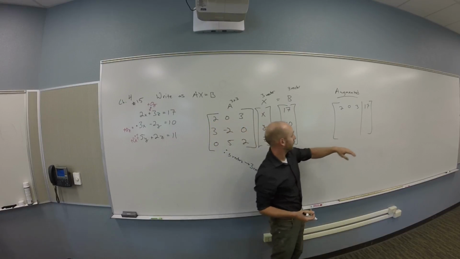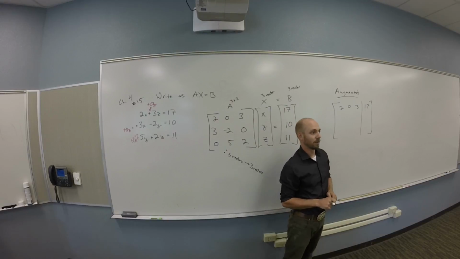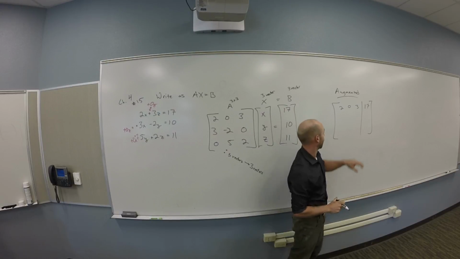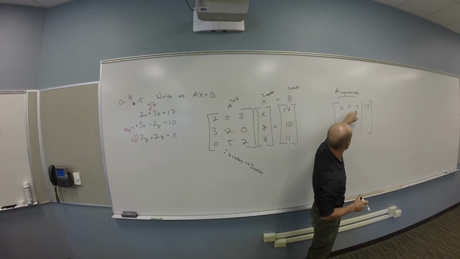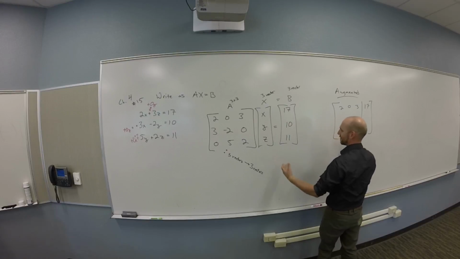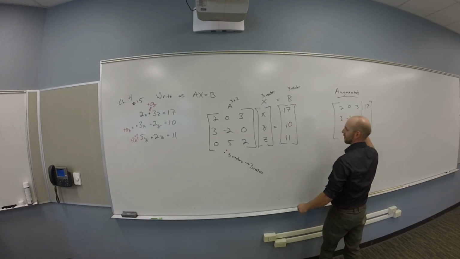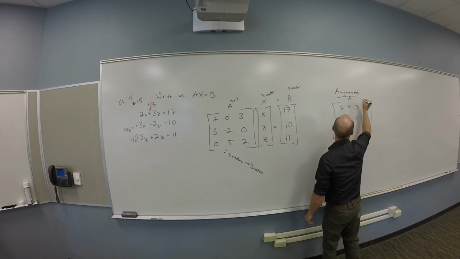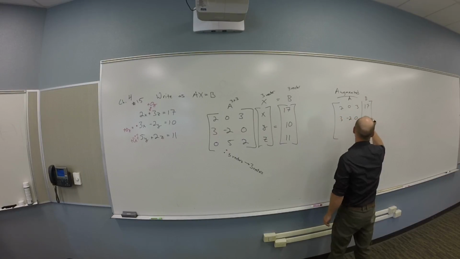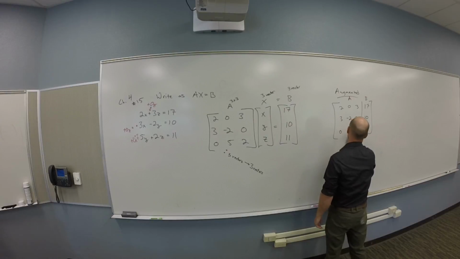Another way to think of that is to do this augmented thing. So if I augment, what's the difference? How do I fill in the rest of this augment? What goes on this side? I already wrote the first line, 2, 0, 3. It's the exact same as the other one. Everything A on the left-hand side and everything B on the right-hand side. So really it's A and B, right? Why would you do one or the other?